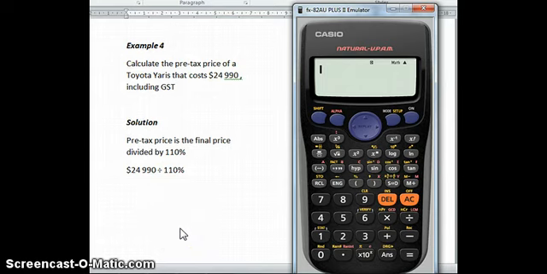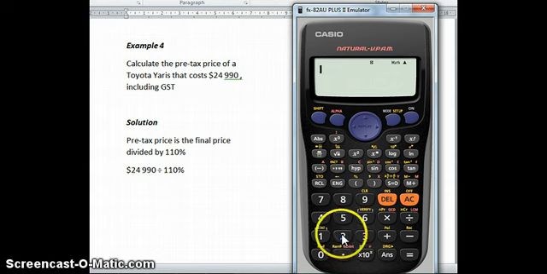An example of these types of questions might be, calculate the pre-tax price of a Toyota Yaris that costs $24,990, including the GST. So that cost has been calculated after GST has already been added. What we need to do here is find the pre-tax price by dividing by 110%.